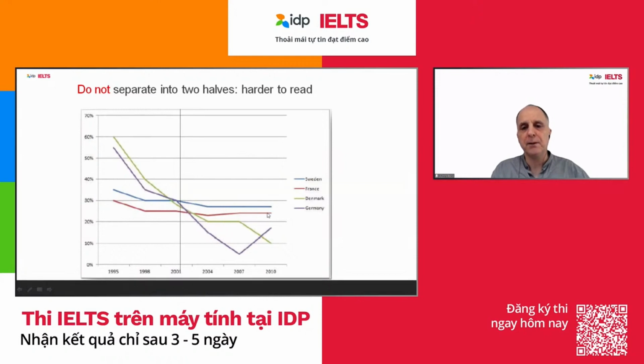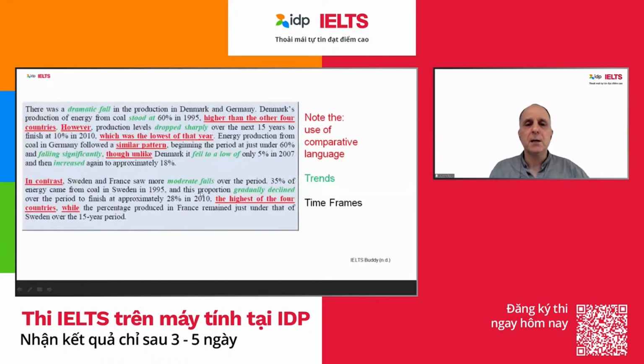Okay, so that should be one paragraph, and that should be the second paragraph. You can do it like this, but I don't recommend it because the examiner wants to follow it through. As I'm reading any kind of writing, I have to keep going backwards and forwards. It takes a long time, and you may become a little bit confused as well. Okay, here's just an example. Obviously, I'm not going to read this out, but just notice the comparative language, the trends, and the time frames as well.